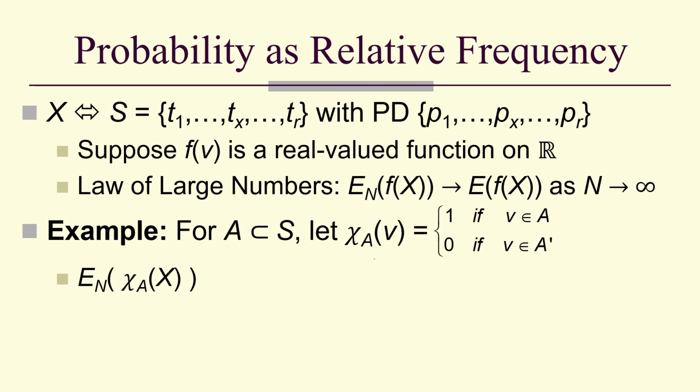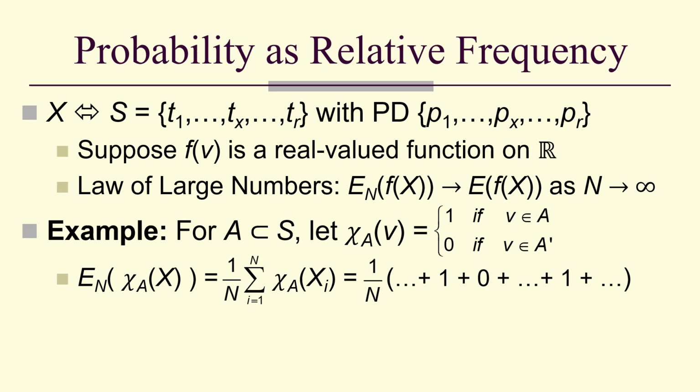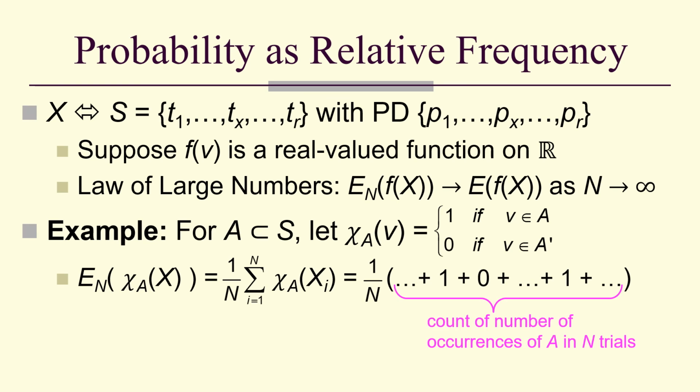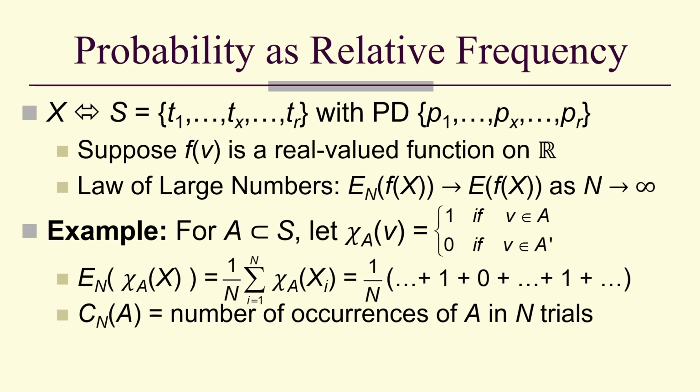The sample mean is just the average over chi sub A applied to each of the trials. That's 1 over n times the sum of a bunch of ones and zeros, which forms a count of the number of occurrences of A in n trials. So C sub n of A is the number of occurrences of A in n trials, which means the sample mean is C sub n of A over n.